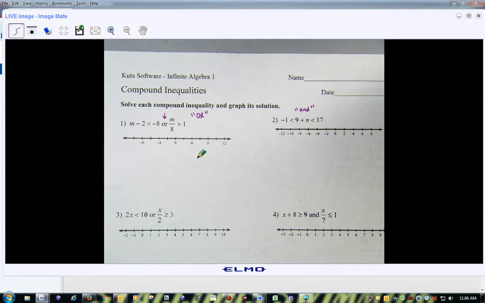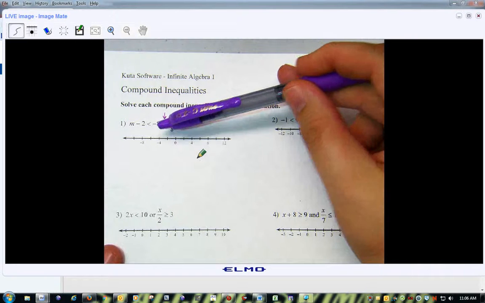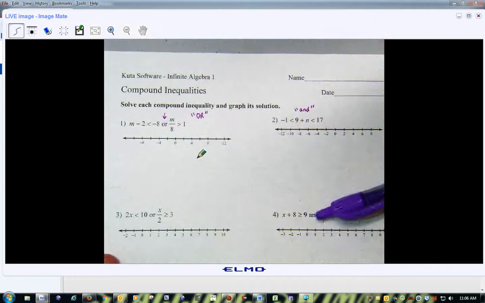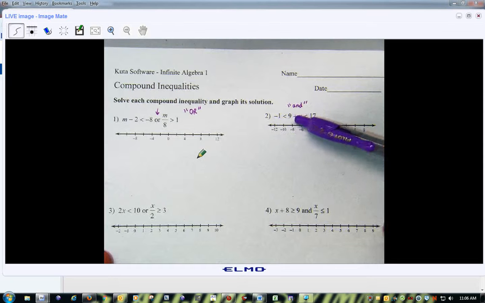So if you take a look at these, you can tell if it says the word or, it's an or inequality. If it says the word and, do you think it's an and inequality or an or inequality? And if it's like 3 parts to it, where you have an expression in the middle, and then you have 2 end points like this, then it's an and inequality.